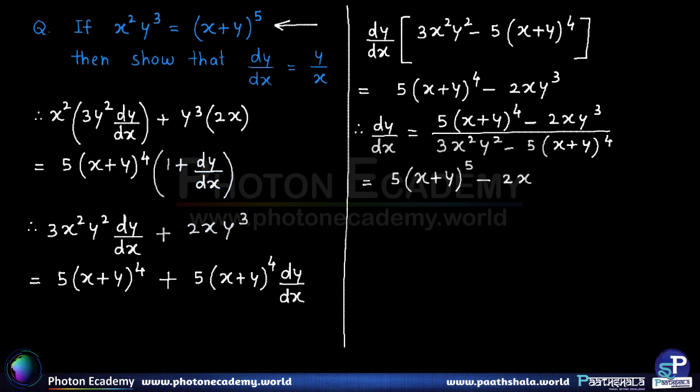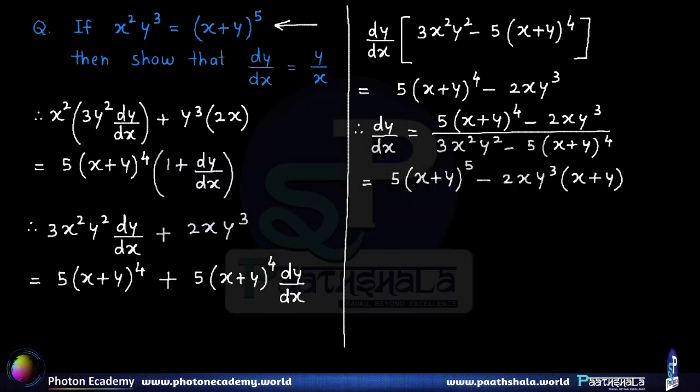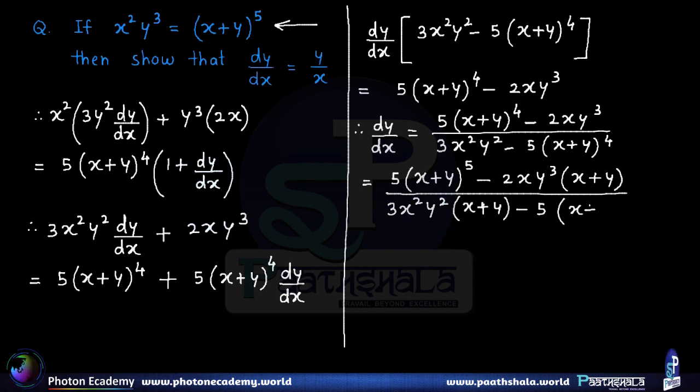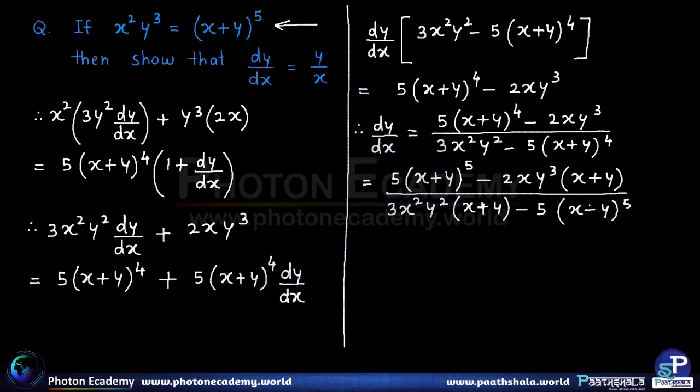Now to the second term we have to multiply by (x+y), correct, divided by, here also the first term 3x²y² will get multiplied with (x+y) minus 5 into, the second term will now become (x+y)⁵. So that further gives us 5 into, now (x+y)⁵ can be definitely replaced with x²y³.